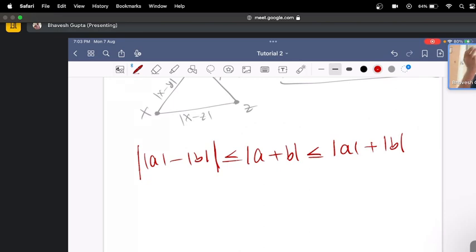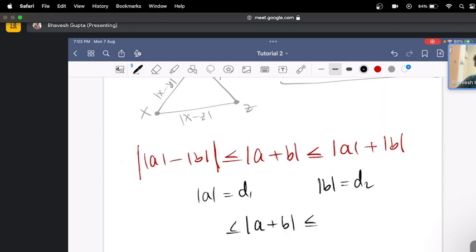Let's say this corresponds to, if anyone has any confusion, let me write down. Let's say mod A corresponds to some distance D1, and mod B corresponds to distance D2. Then what I can say is that this will be equal to D1 plus D2, and this is basically D1 minus D2.